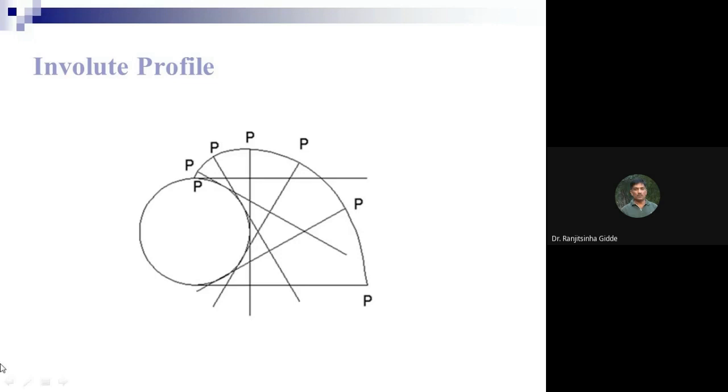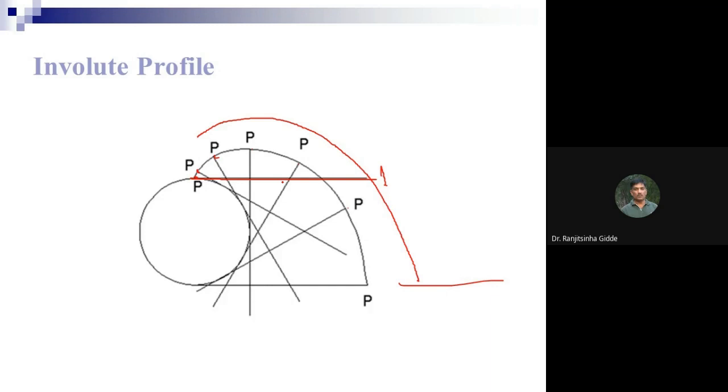So this is the point. This one is the straight line, and this is the first point. Again we roll this line and we get this second point, then third point, fourth point, fifth point, then sixth point. Like this we get the curve, and this profile is nothing but the involute profile.